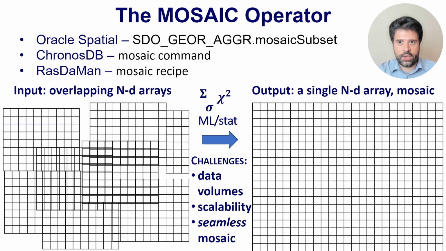The operator can utilize sophisticated statistical and machine learning techniques to produce a high-quality seamless mosaic. However, the performance bottleneck becomes a major challenge when applying such advanced techniques over increasingly growing array volumes.